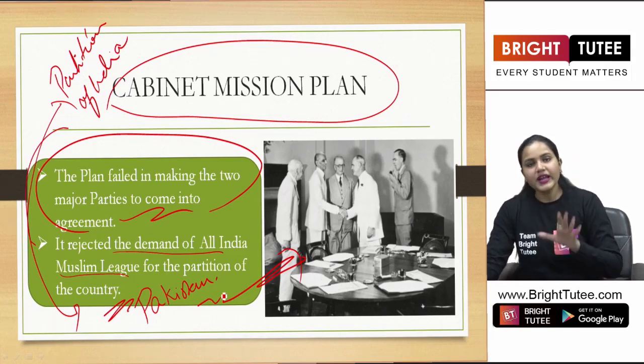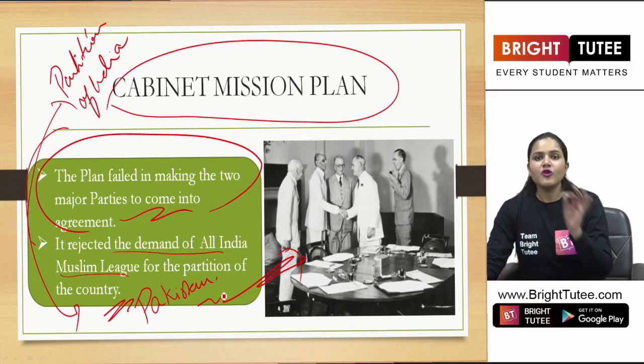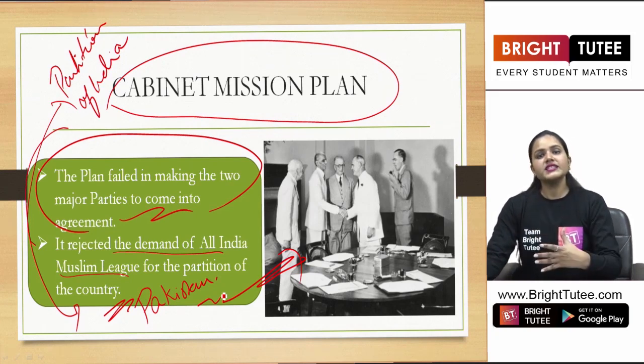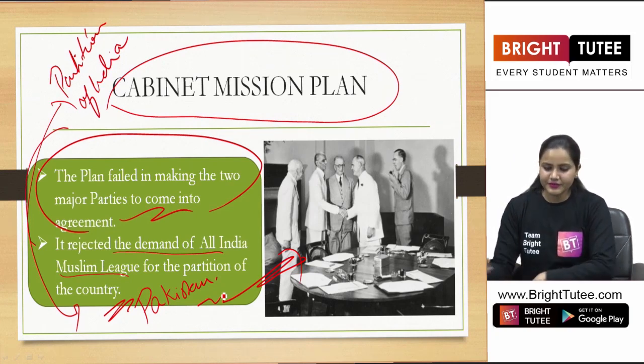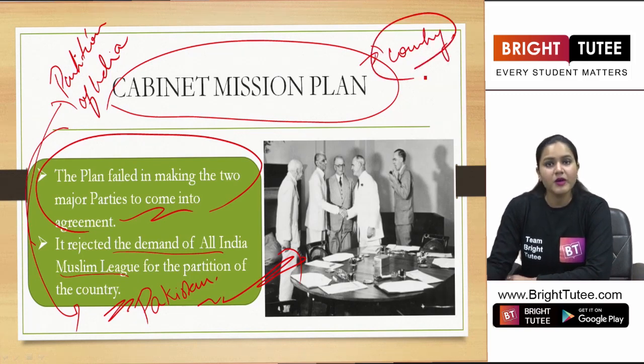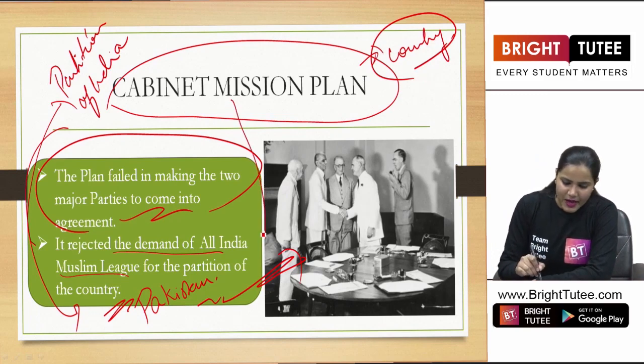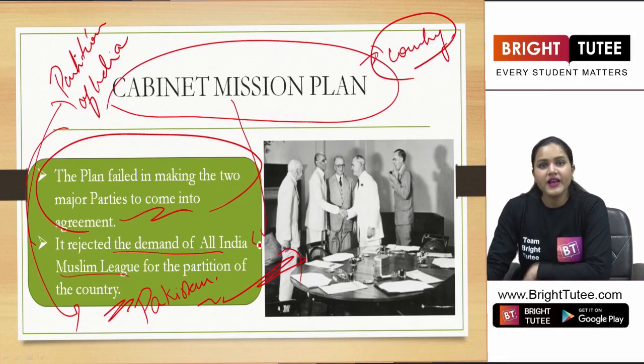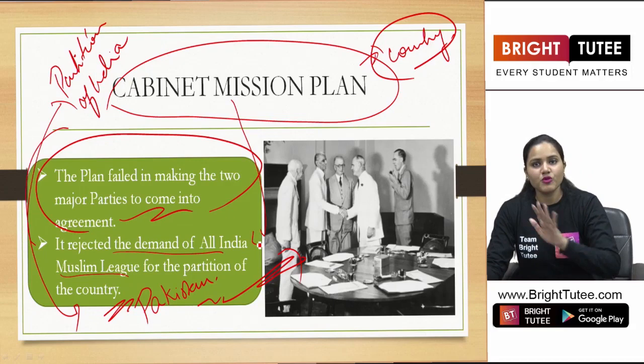Now, was it possible at that time? During 1946 or before that, the people of the All India Muslim League decided to form another country or territory for their Muslim population. But the members of the Cabinet Mission totally declined this proposal.